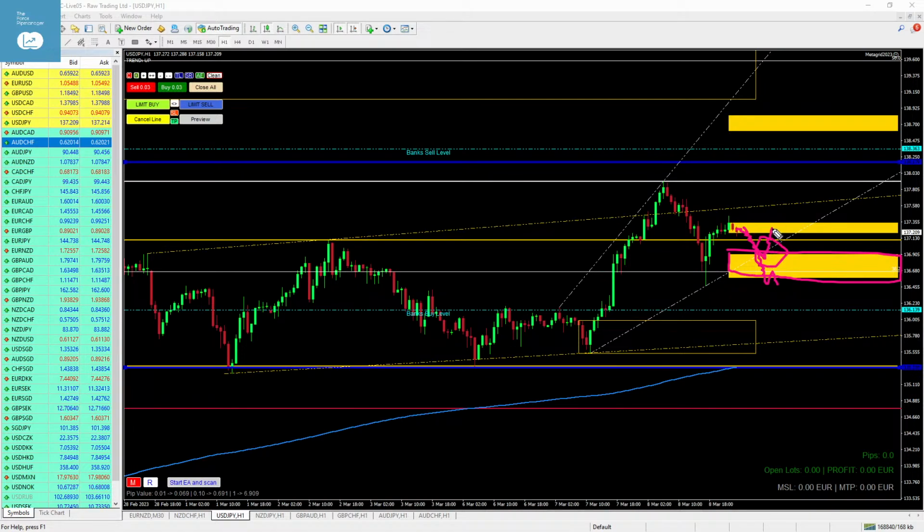You could also wait until it breaks out of this order block 2, and then you could buy it maybe here. For target 1 here, and maybe target 2 could then be on this next major sell order block.